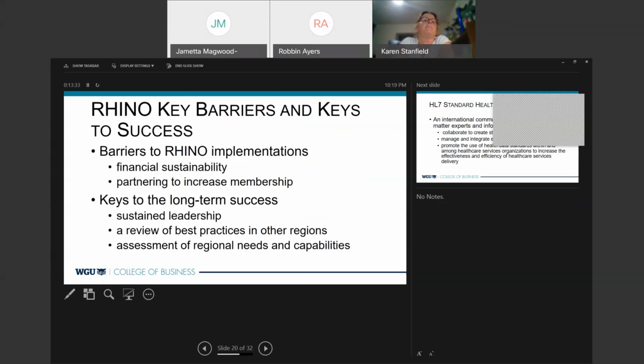And that's the point of best practices. And then the assessment of regional needs and capabilities. What does your organization need? What does your area need, rather? Okay. Understanding that definitely helps with your mission.